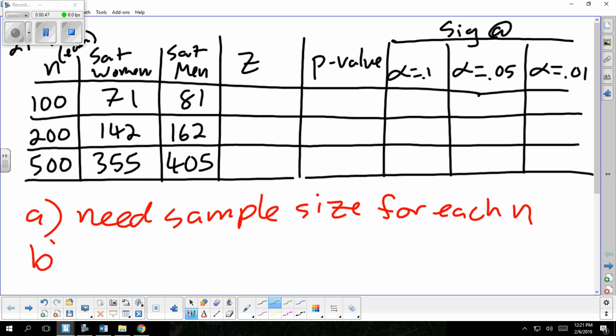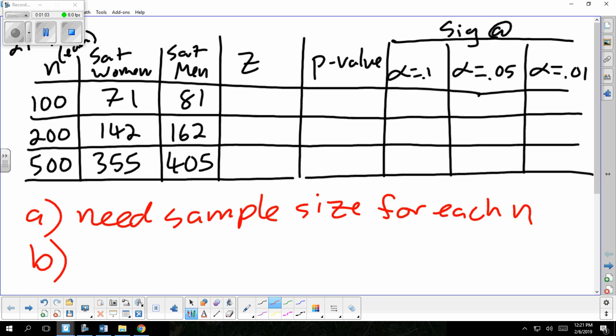B, describe a circumstance related to the missing information in which these sample proportions, so 71% and 81%, would not convince you at all that the two genders differ with regard to satisfaction with their appearance.